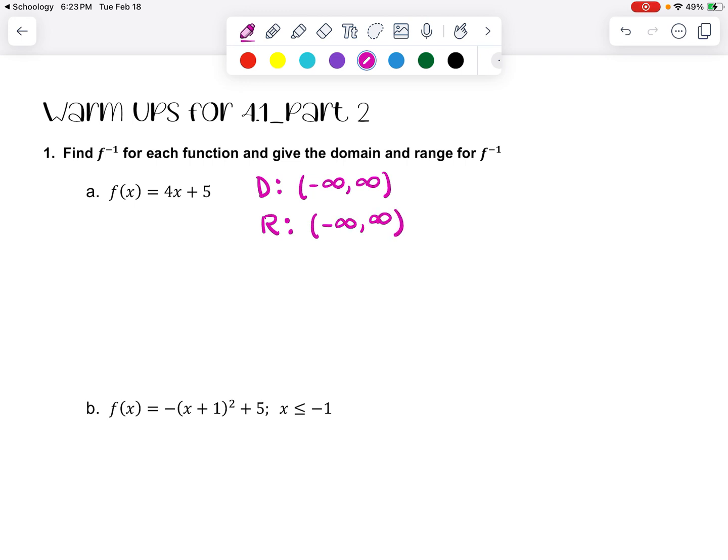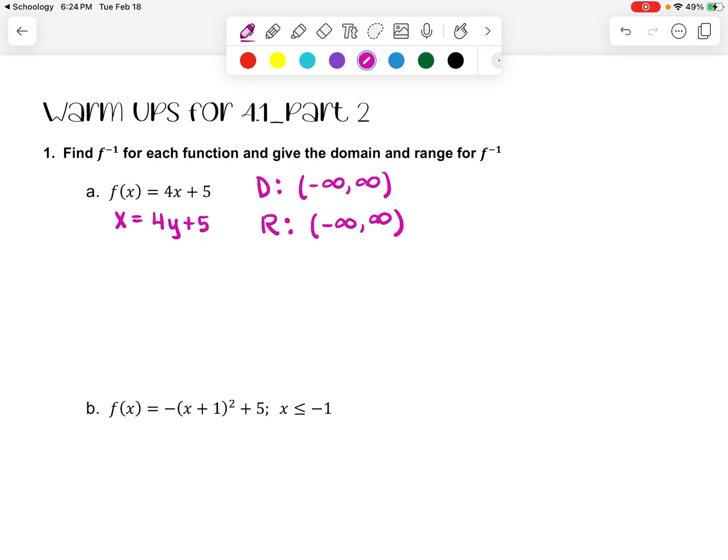Now, if I want to find my inverse function, we're going to switch x and y: x equals 4y plus 5. And now go ahead and solve for y. Get y by itself.